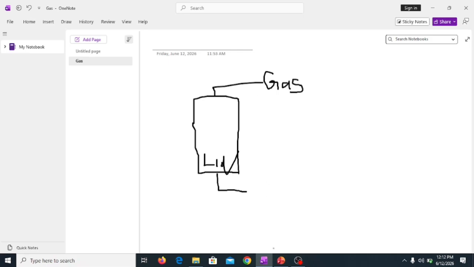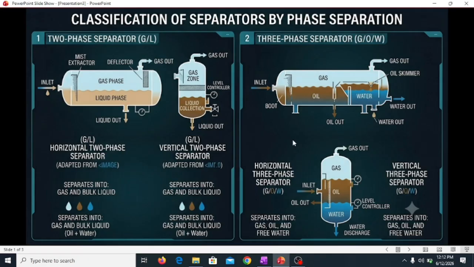Now what about our horizontal separator? What about our three-phase separator? A three-phase separator separates oil, gas and water. So when you are talking about gas, oil and water, that is a three-phase separator.